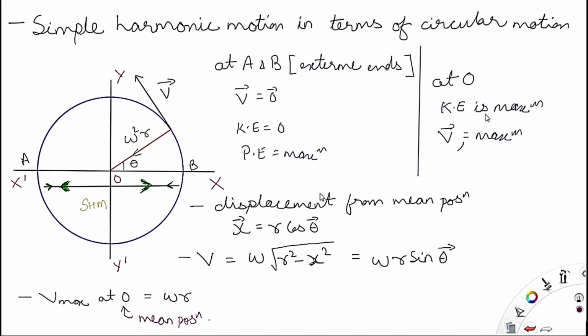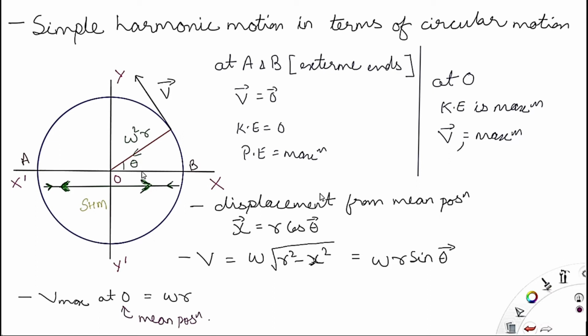Kinetic energy is maximum means velocity is maximum. Now displacement from the mean position, O being the mean position, is x equal to r cos theta, because x is the component of r, which is cos theta.